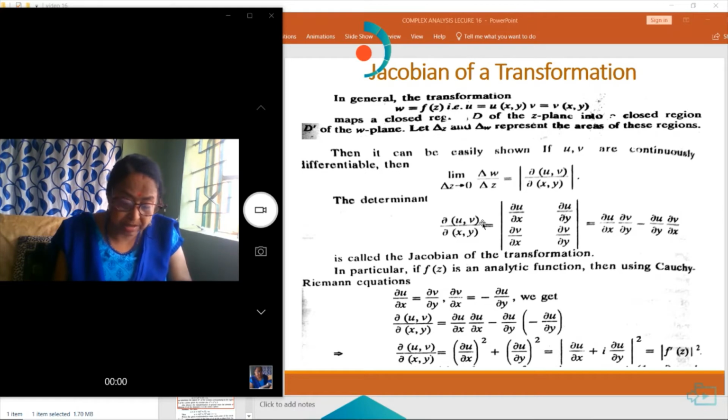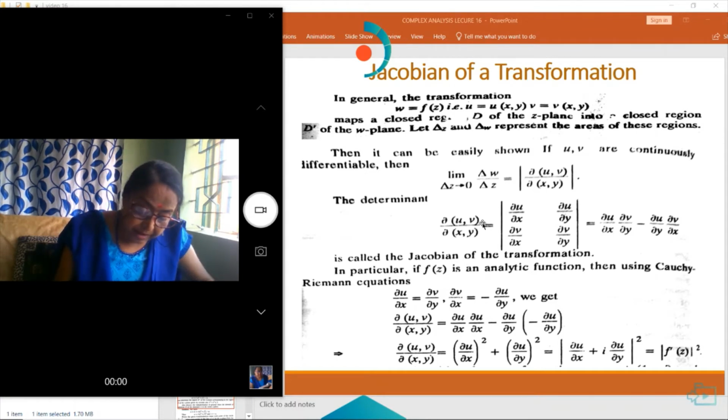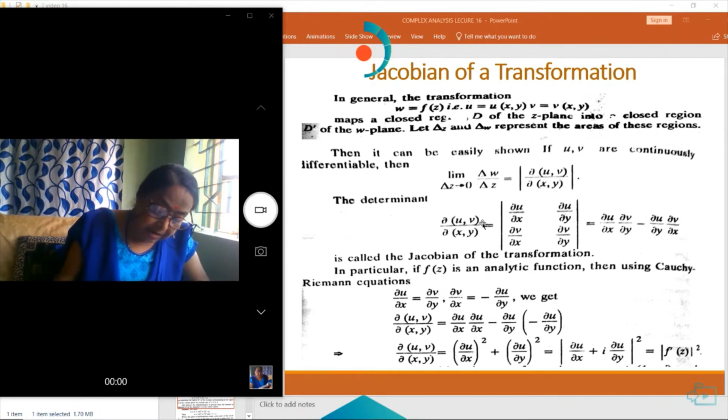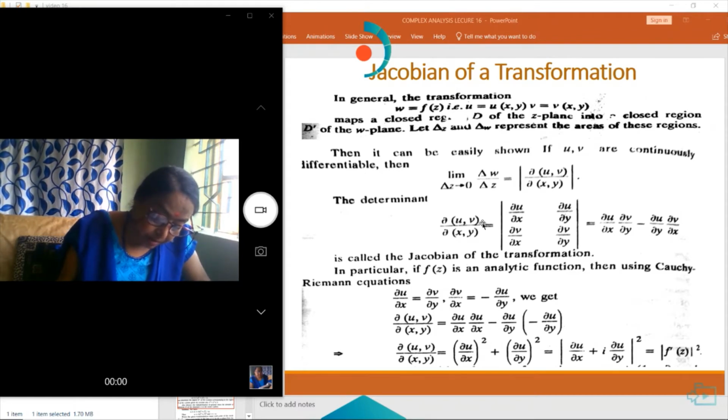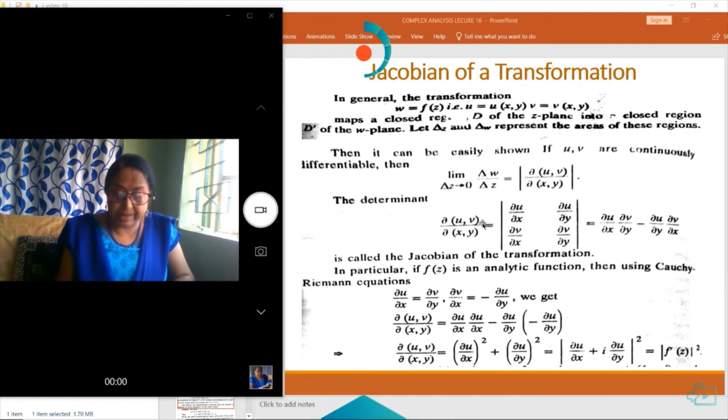When we put these values in the formula, we get the modulus of del u by del x plus i del v by del x, the whole squared, equal to the modulus of f dash z, the whole squared.